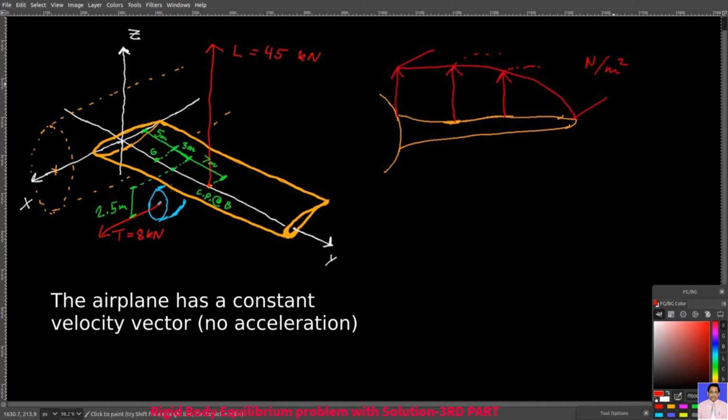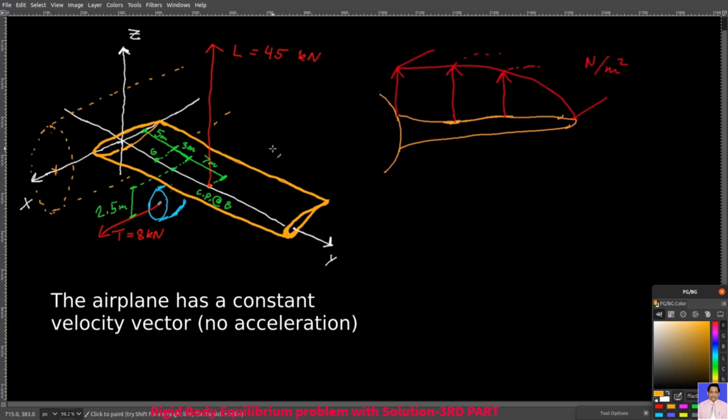But let's say that we have integrated all that and we have found that equivalently you can represent it with a 45 kilonewton point force that goes through the center of pressure at point B, which is this point here.